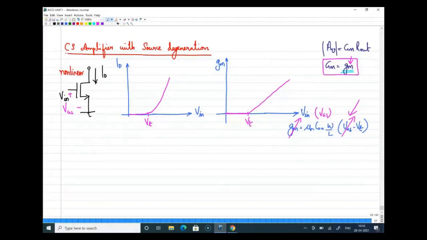What you can see here is input voltage Vin is linearly dependent to GM, so that is directly reflecting in the gain expression. Along with that, Vin is also having a non-linear relationship with ID.